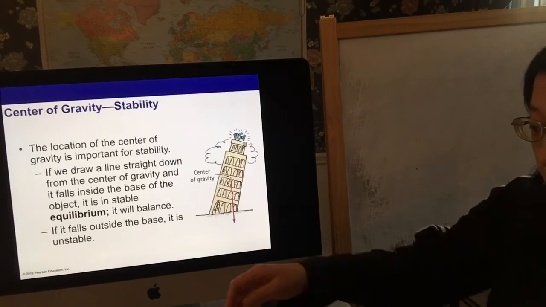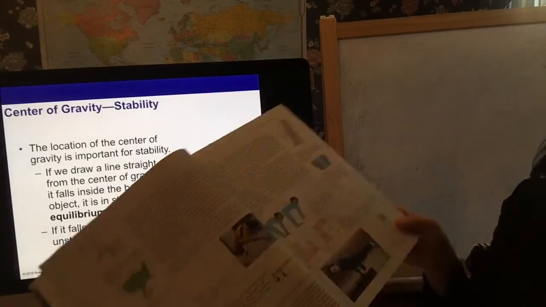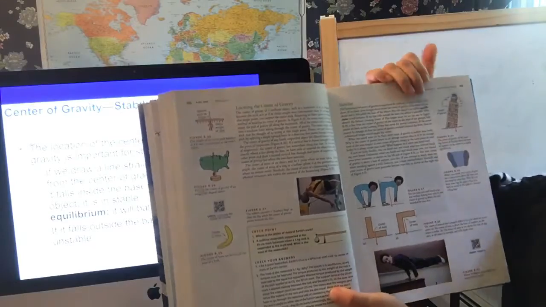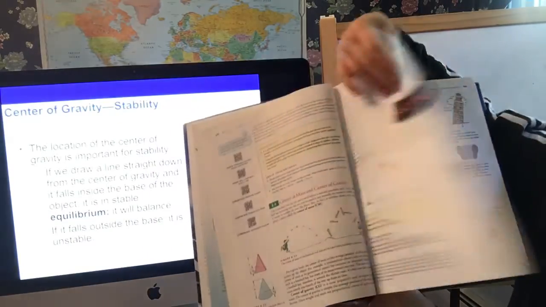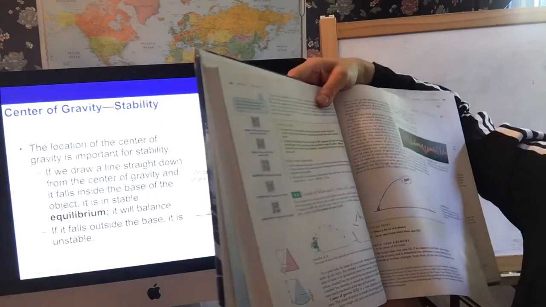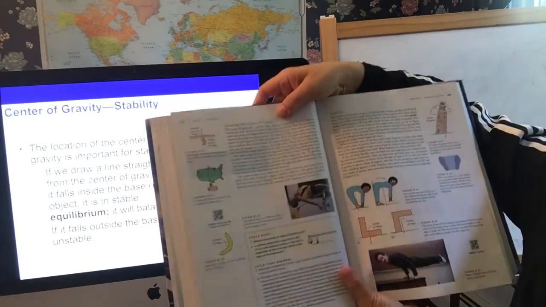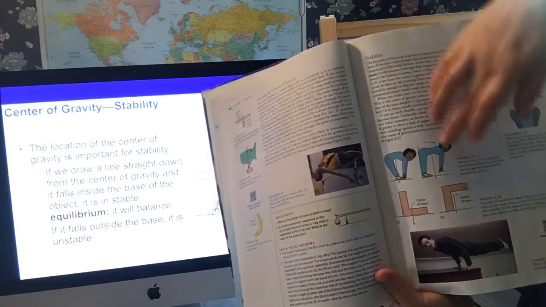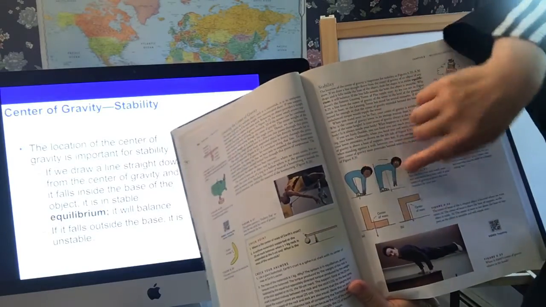And there are some other examples in the textbook. You can take a look at section 8.4. I especially ask you to take a look at these examples. Like this person bending down.